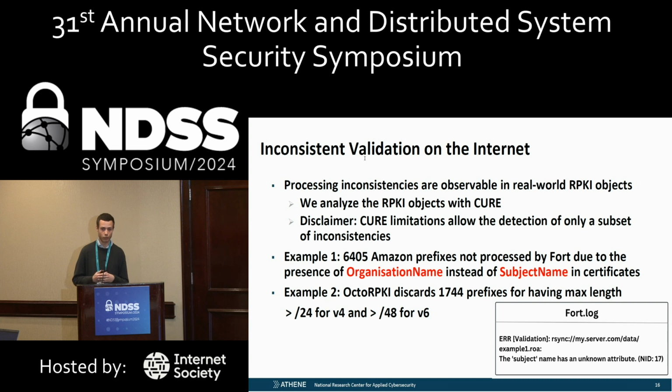This led to over 6,000 prefixes by Amazon not being validated by Fort, and therefore effectively any system using Fort would not have these Amazon prefixes protected against hijacks, which of course is a big problem. After the disclosure, they are still working on getting all these optional names removed to ensure that their objects are accepted by all RPs.